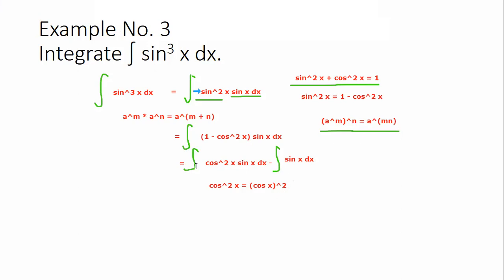So this will be cosine x then squared. We let u as cosine of x, and get its derivative, which is equal to negative sine x. Since there is a negative here, we're going to do the substitution.